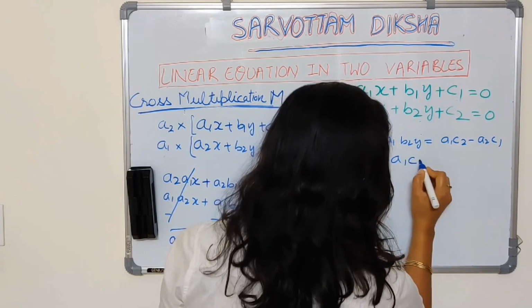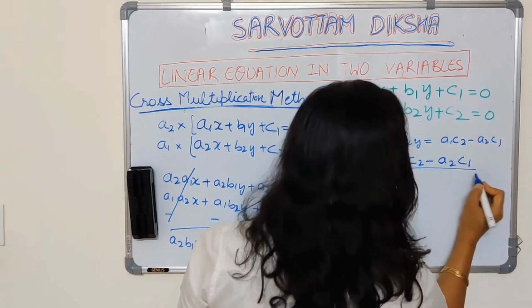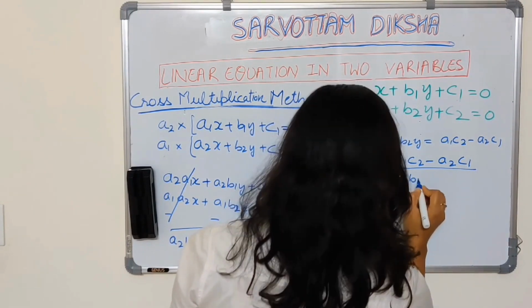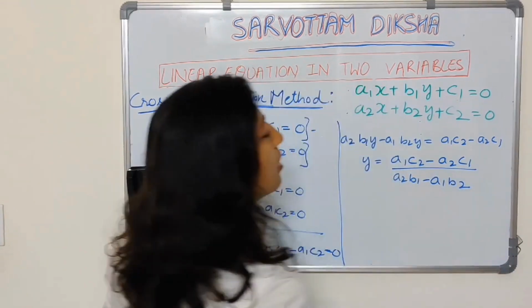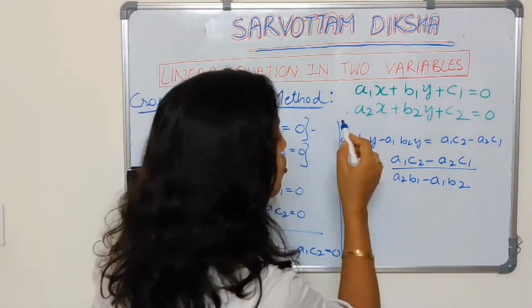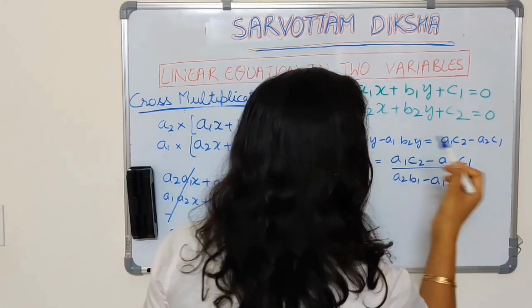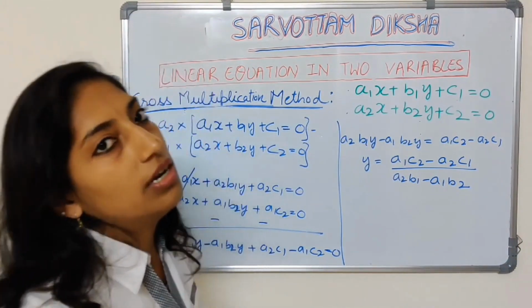So y will be a1c2 minus a2c1 upon a2b1 minus a1b2. Now if you have to remember a1 into c2, a2 into c1, cramming is actually difficult.